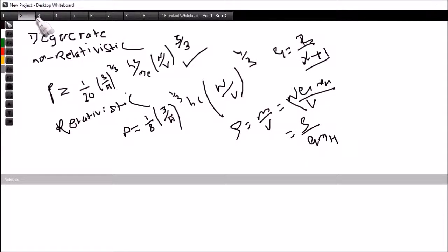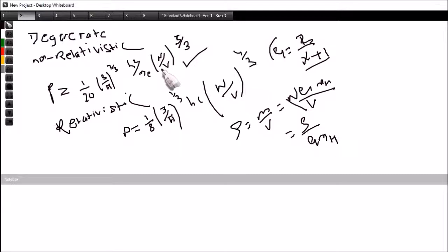Similarly, in this equation we only need the value of x. Now everything is given; substitute it all and you can easily calculate the pressure exerted in the degenerate case.